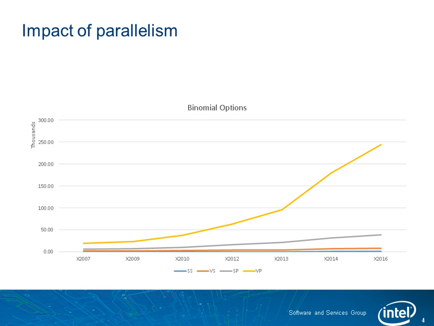The source code is always the same source code. We recompile it in order to take advantage of the new vector technology. So on the older server, we had the SSE technology, then we had AVX, then we moved to AVX2. Those do require recompilation, but none of these require rewriting of the source code.